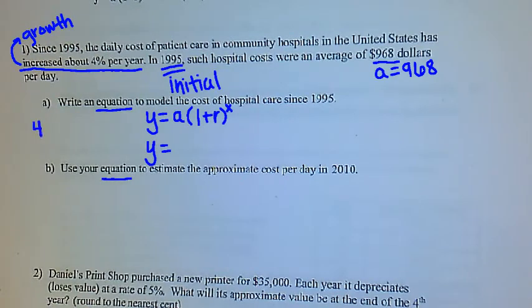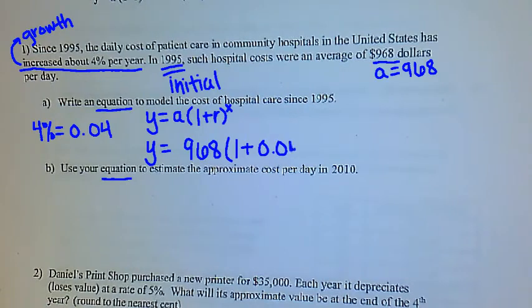On the side, make sure you write 4% is equal to 0.04. Be careful with that. This will be 968 times 1 plus 0.04, raised to the x power. So there's our answer for A.